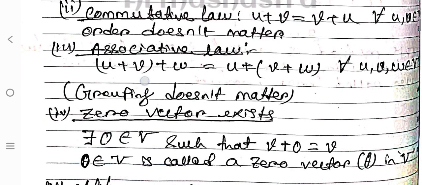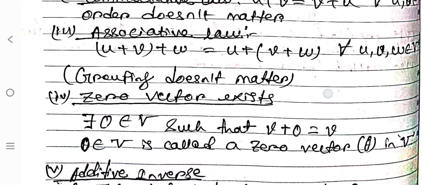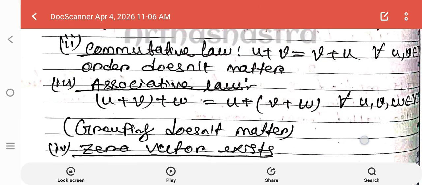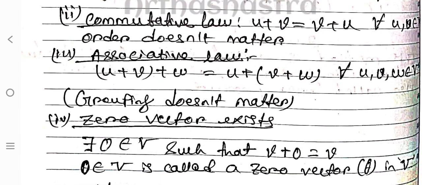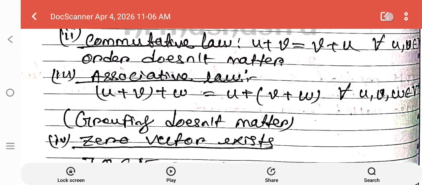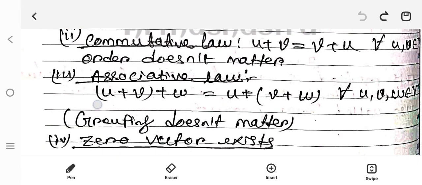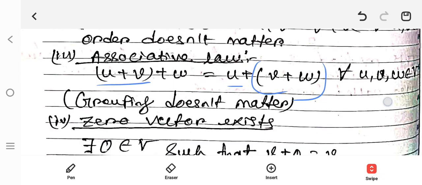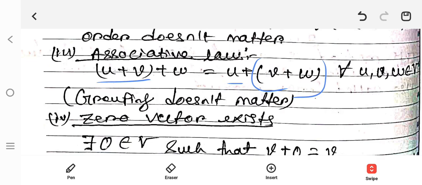In brackets, u plus v, plus w equals u plus, in brackets, v plus w, for all u, v, w belonging to set V. Grouping does not matter here.